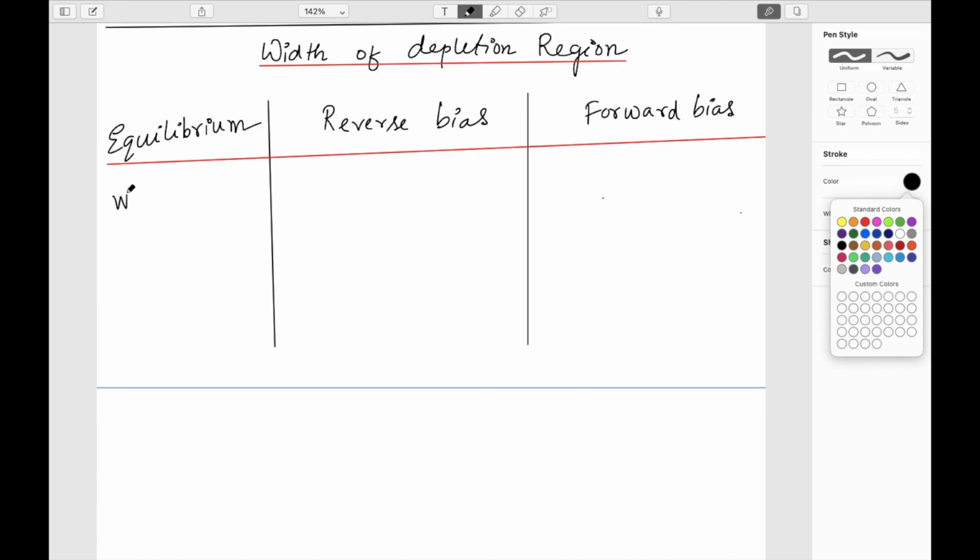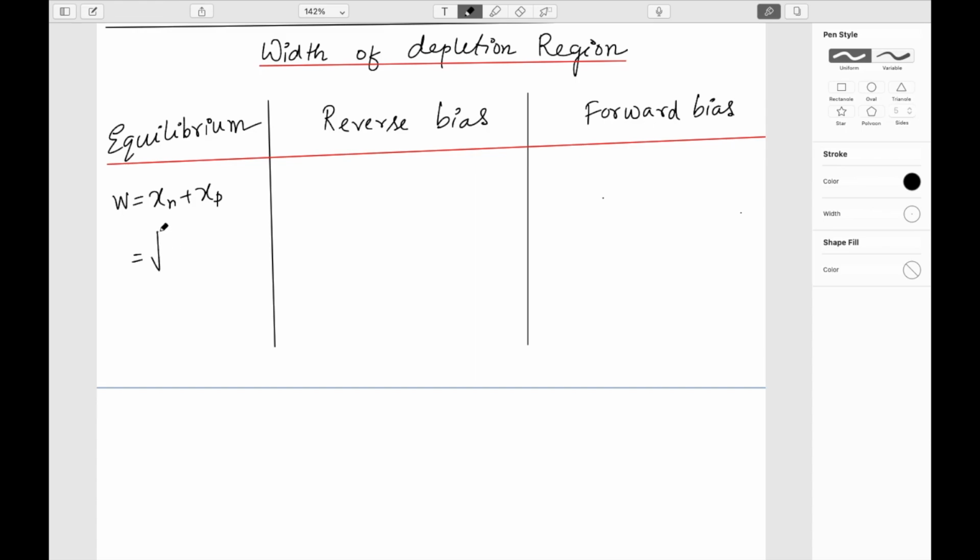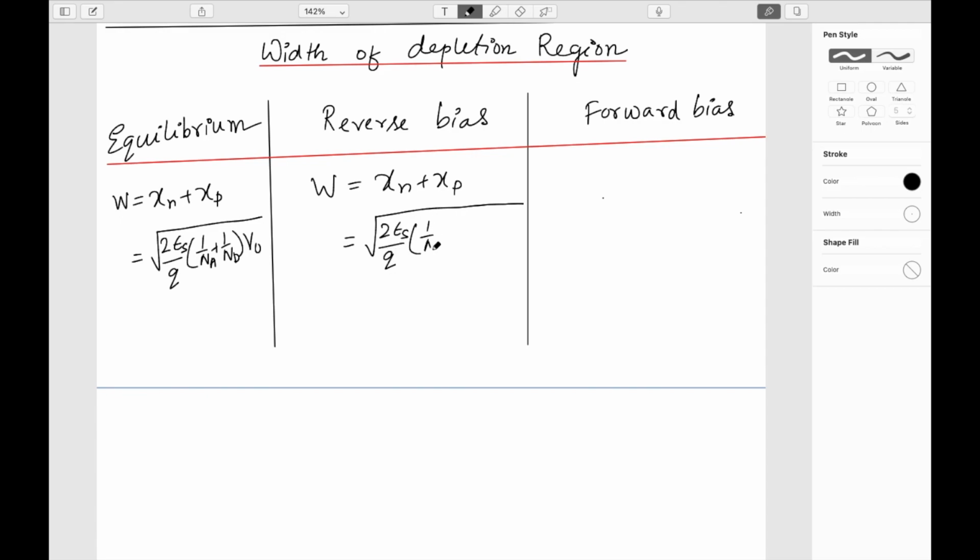In equilibrium, W, which is Xn plus Xp, is given by the square root of 2 epsilon_s over q times (1 by Na plus 1 by Nd) times V0. In reverse bias condition, W equal to Xn plus Xp is given by the same expression, we just need to add the Vr here: V0 plus Vr.